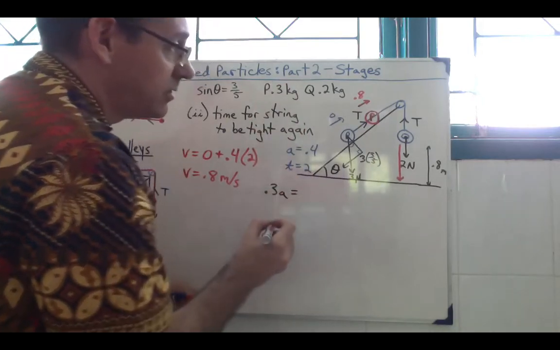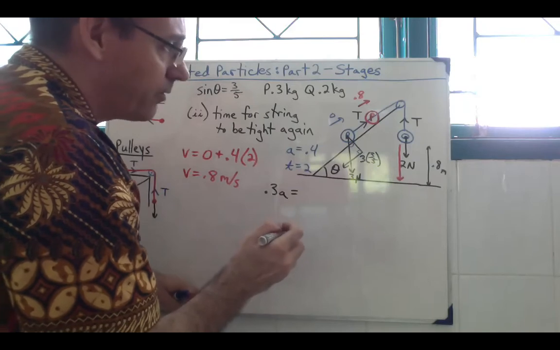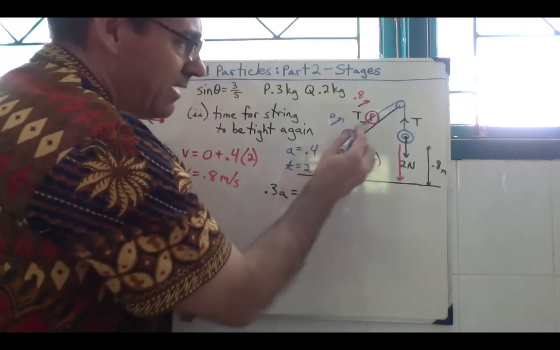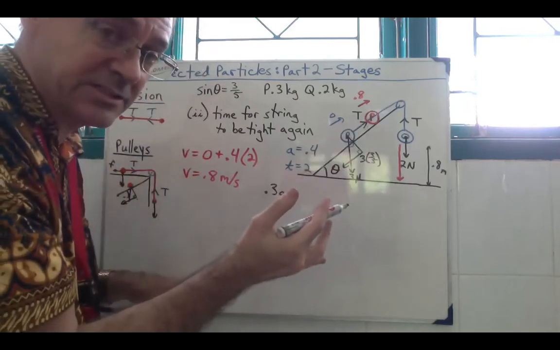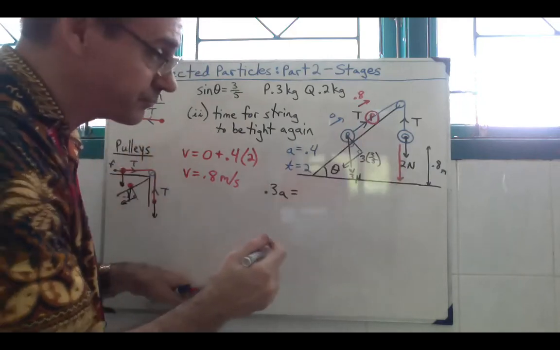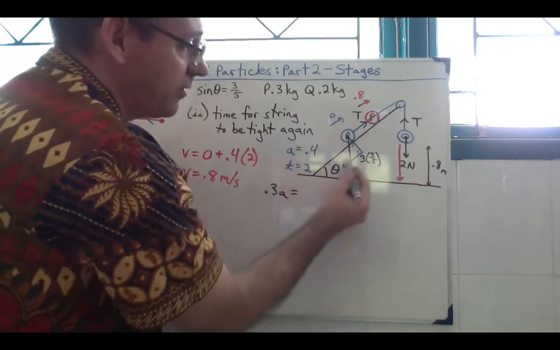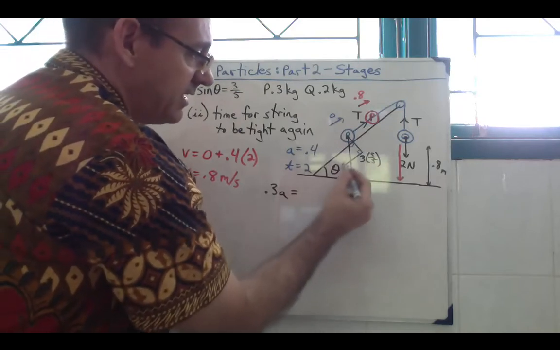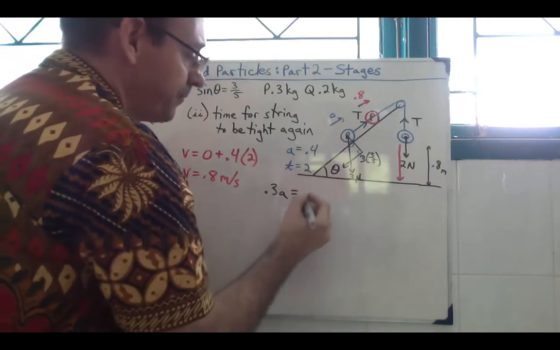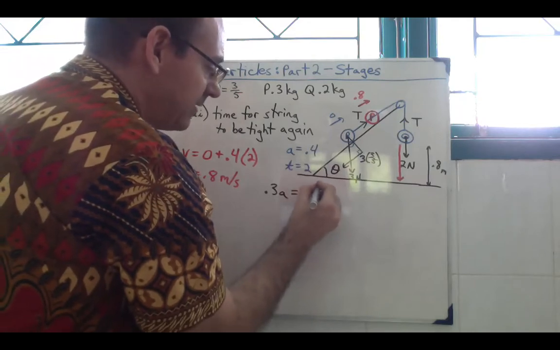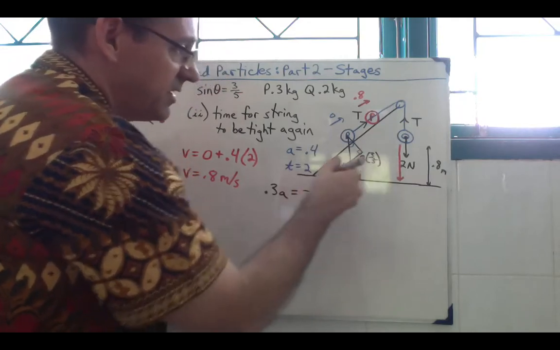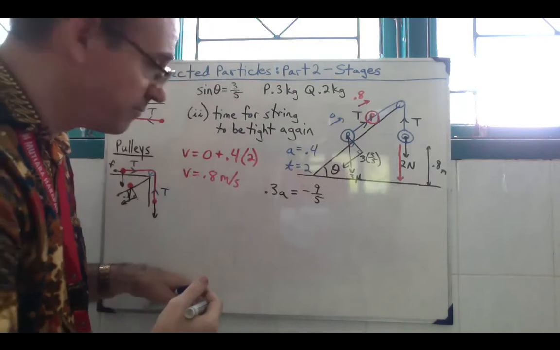0.3a equals, and now the only thing that we have, there's no tension because the string stopped moving once Q hit the ground. So there's no T. The only thing we have is this 9/5 here, and it's going to be a negative 9/5 because it is against our direction of motion.